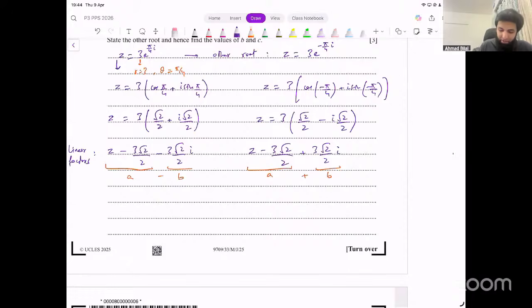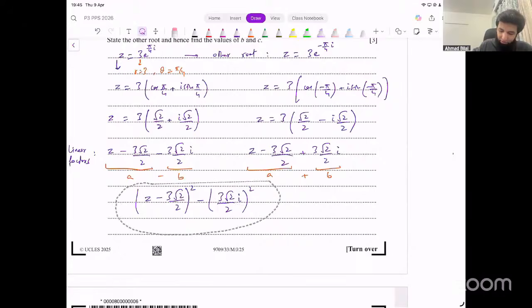So this will simplify to z minus 3 under root 2 over 2 whole squared minus B squared, which is 3 under root 2 over 2 whole squared. There's an iota here as well. This is what we end up getting. Now we can simplify this and see what that gives us.